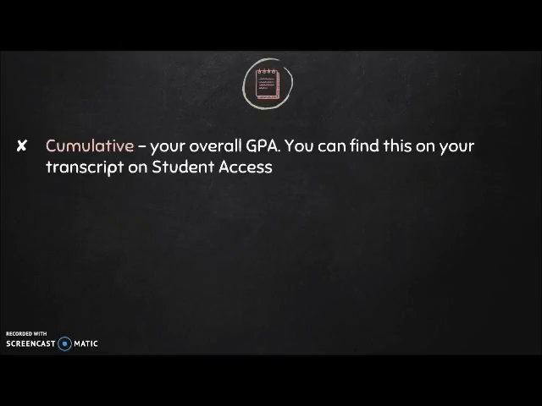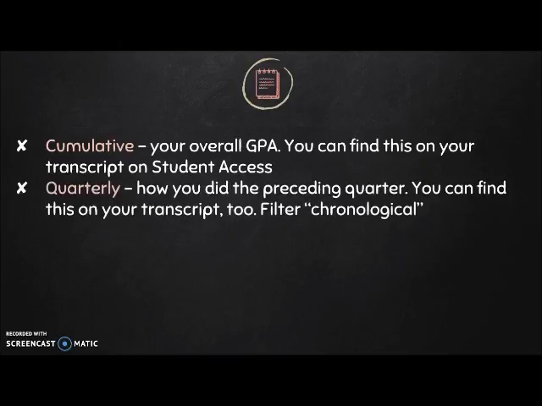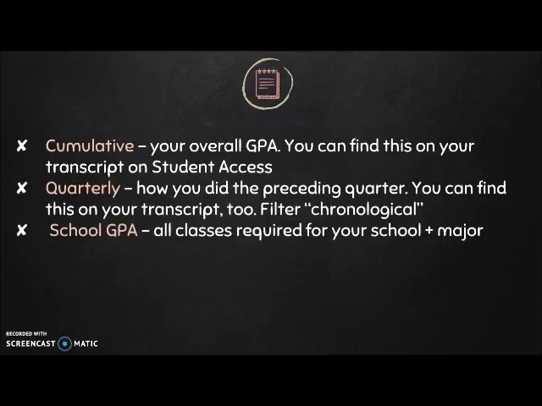So you may be wondering what the 4 GPAs are. The first one is cumulative, and that is your overall GPA. You can find this on your transcript on Student Access. Quarterly GPA is how you did the preceding quarter. For example, if it's winter quarter and you want to find out how you did in fall quarter, you can find this on your transcript, and all you have to do is filter chronological.